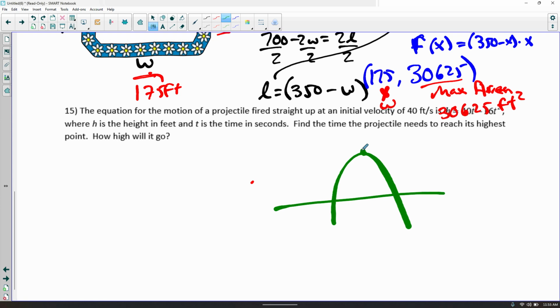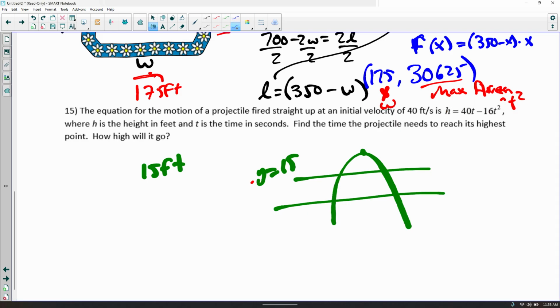So for instance, this one right here, let's say we wanted to know what happened when it was at 15 feet for this one. Well, that would be y equals 15 here, guys. So when you're using your calculator on this one, you've got to punch this in, and you're going to get 15. If you want to check to see if you can get it right, there are 2 answers.